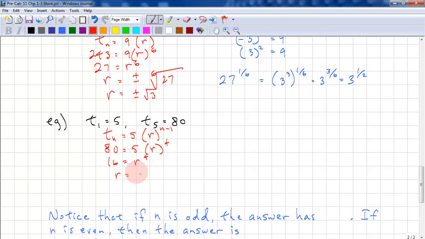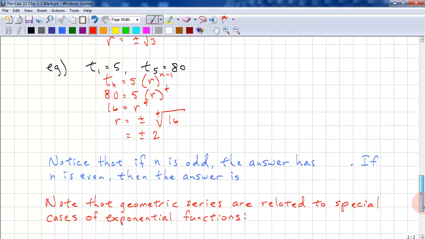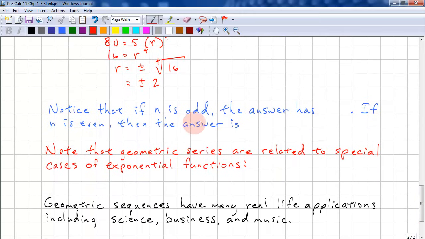So r equals plus or minus the 4th root of 16, and that equals plus or minus 2. So notice if n is odd, the answer has plus or minus. If n is even, then the answer is only positive or negative.